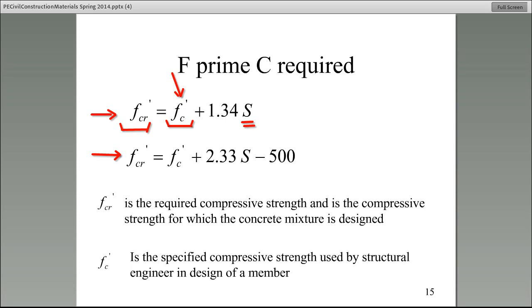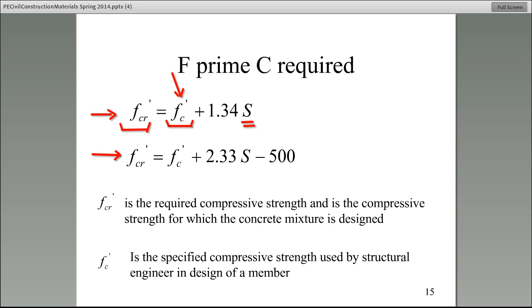S stands for the standard deviation, and the standard deviation is a measure of quality control of the concrete producer. The company you're buying the concrete from would have a standard deviation, and the smaller the standard deviation, that represents better quality control.